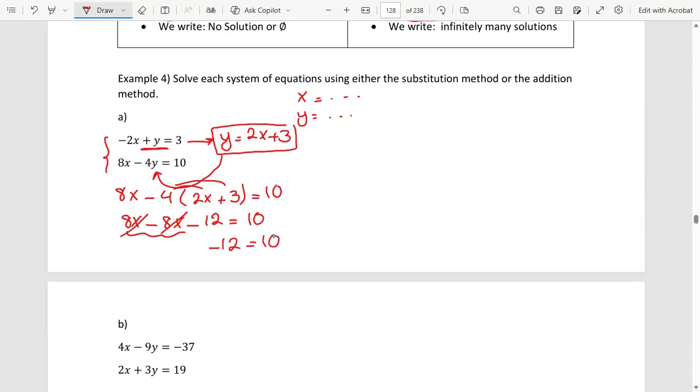The x completely canceled, and I have a false statement because negative 12 is not equal to 10. So if it's false, we say this system has no solution. That's a special solution, which is no solution.